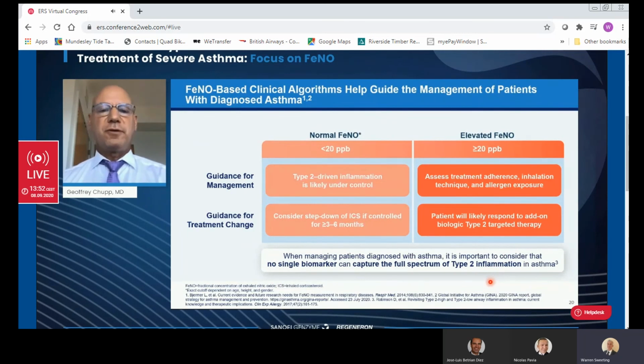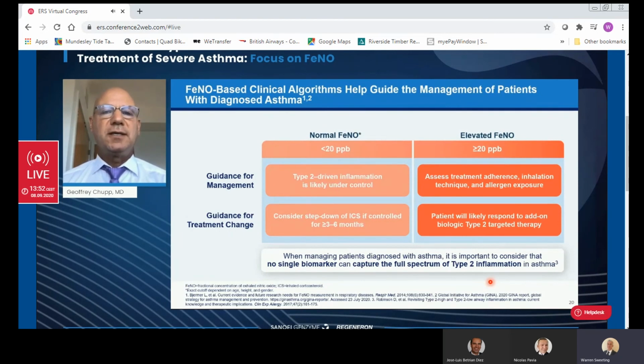But you don't need both. And if you have one or the other, there's value as well. And maybe not quite as predictive, but still predictive of the outcome as the slide showed. So the nitric oxide-based clinical algorithms that help us guide management of asthma have really shifted the threshold down to the 20 to 25 parts per billion range.